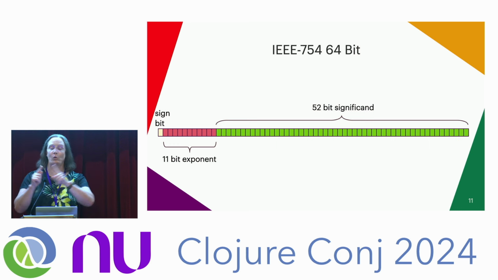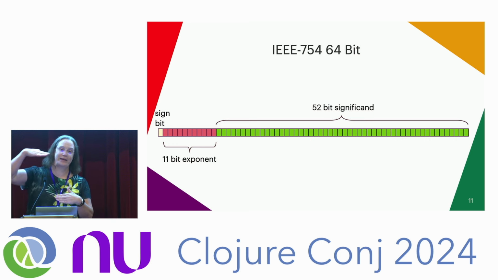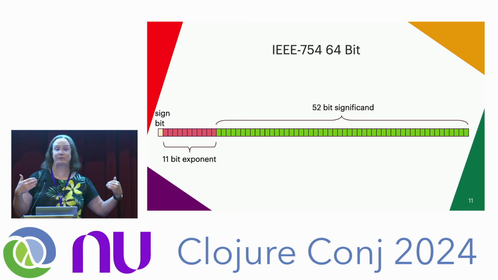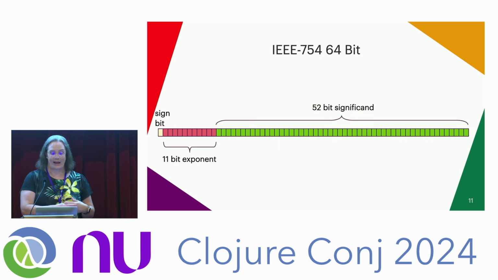And then all ones has a special meaning as well. But halfway in between there, that indicates 0. So the lowest number, if you see a 1 in there, that's going to be 2 to the negative 1022. If you see a 1023 in there, that means you're multiplying by 2 to the power of 0, which means 1. And the largest you can get in there is 1023.